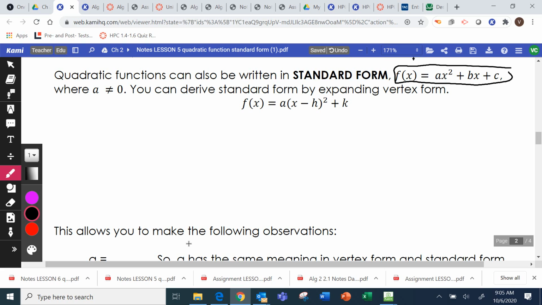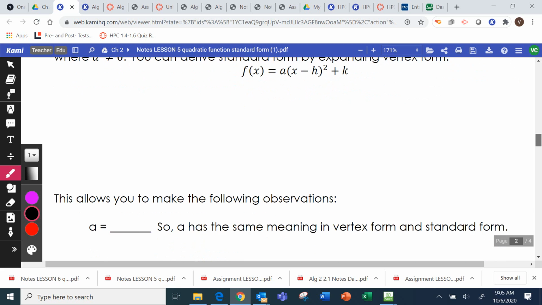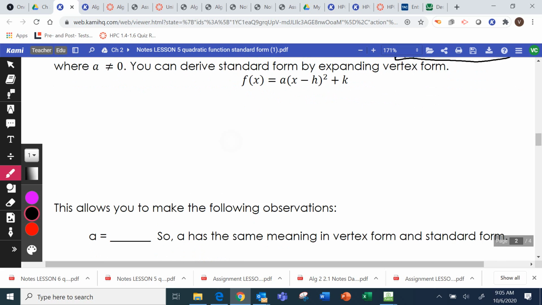We can derive standard form by taking this equation and multiplying it out like we did on the previous notes, but we had numbers. I'm going to do it really fast. You guys are going to copy down. We're not going to worry so much about step by step, but I'm just showing you that these are going to be the exact same parabola by taking one equation and changing it into the other. So I would take a and multiply it by (x minus h) squared plus k.